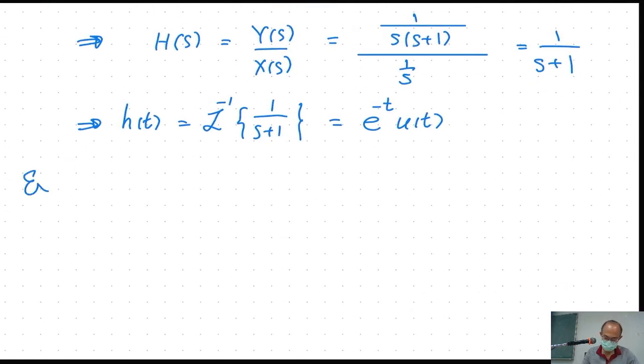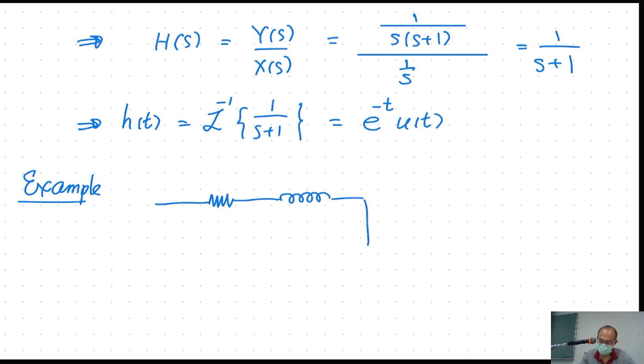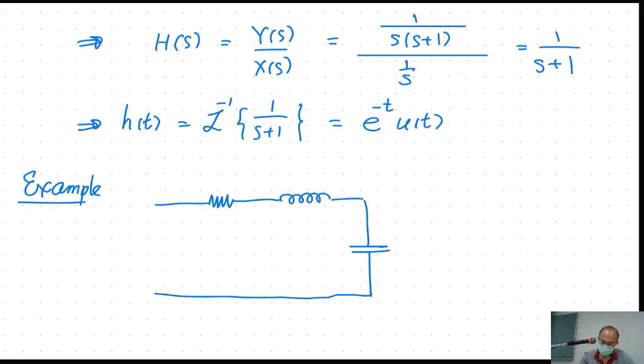Another example. Now, let's get back to our circuit again. We have a resistor, right? But now we have an inductor as well, okay? And we have a capacitor. Let's make it VIT, right?